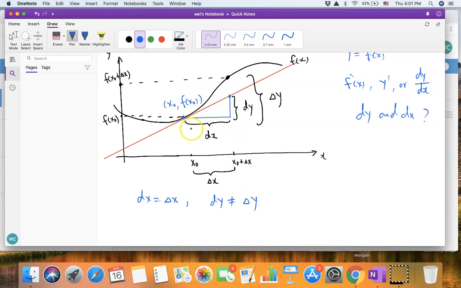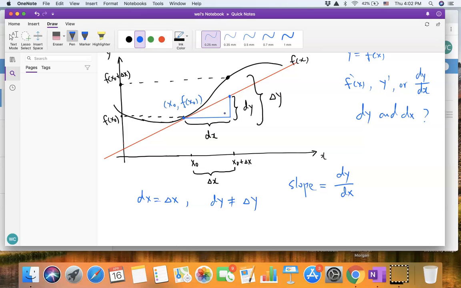And also we know that the slope of this tangent line, in precalculus, we can find using the formula, because the slope is equal to the ratio of the change in the y value to the change in the x values. Since the change in the y value we use dy to represent, and the change of the x values we use dx to represent, the slope of this tangent line is dy over dx.